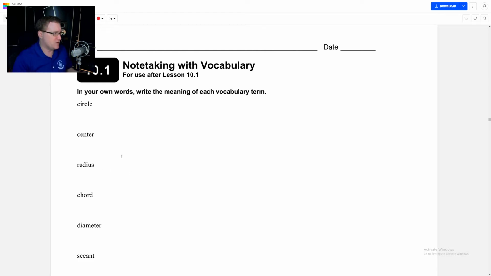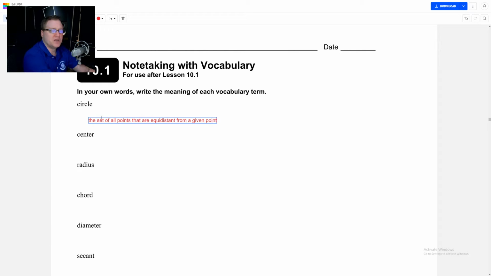So, first of all, a circle. What is a circle? Okay, well, a circle is the set, which means a group, all right? A group of all points that are equidistant from a given point.